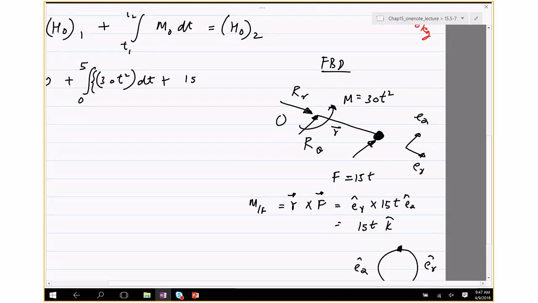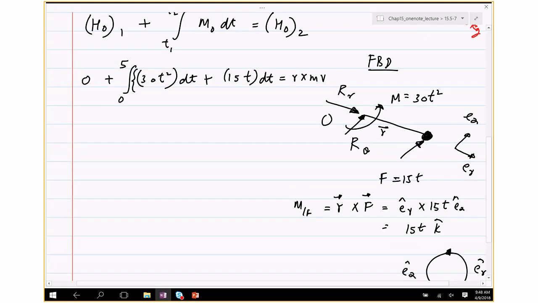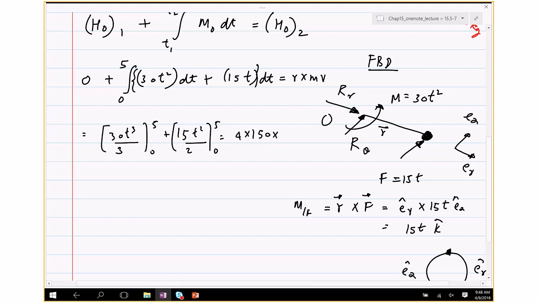So this should be 15t dt equals the momentum, R cross mv. Let's finish this off. This won't take much time. This gives me 30t cubed divided by 3 from 0 to 5, plus 15t squared divided by 2 from 0 to 5, equals the radius, which is 4 meters, times the mass, 150, times the velocity, which is unknown.